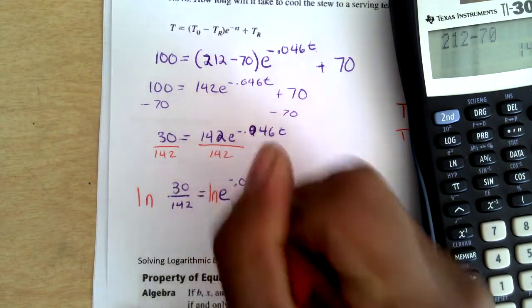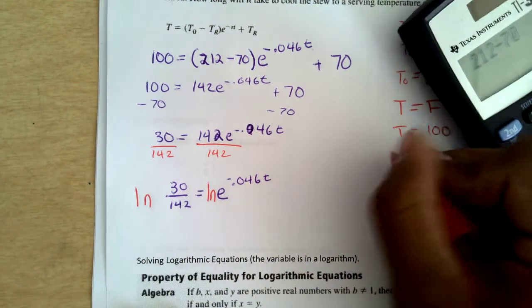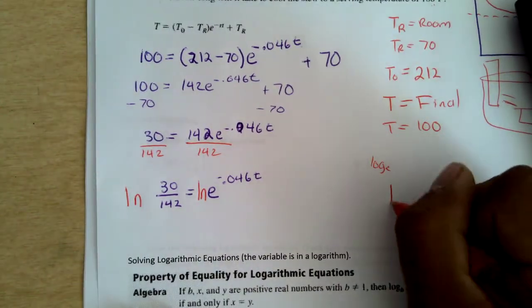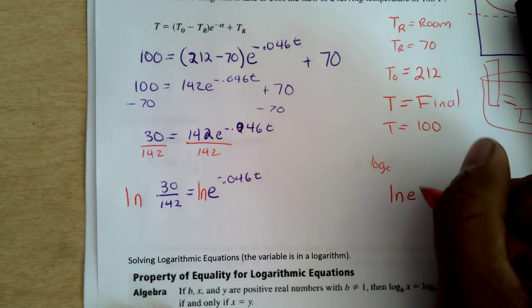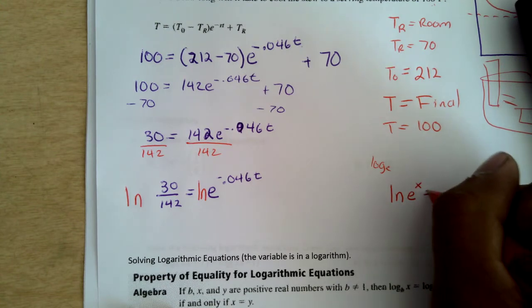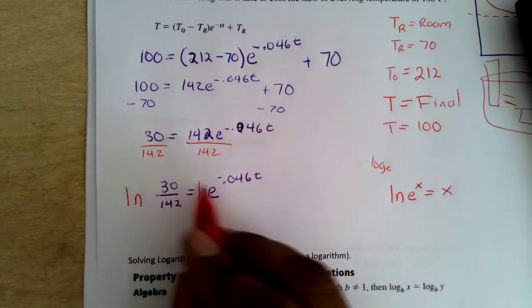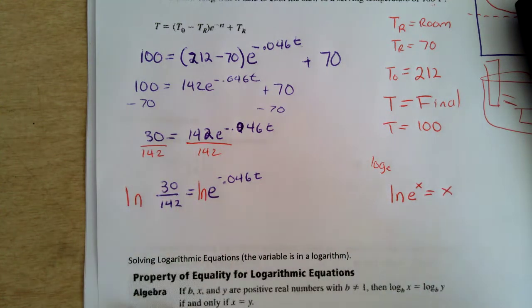And the reason I'm using ln, if you remember, ln is log base e, right? And one fact that happens is that if I had ln of e to some exponent, that just equals the exponent. These invert each other. But I'd have to do it to both sides of the equation here.